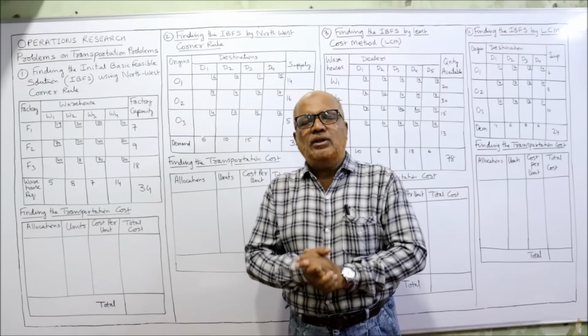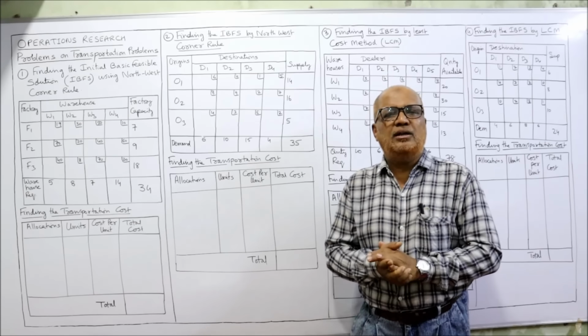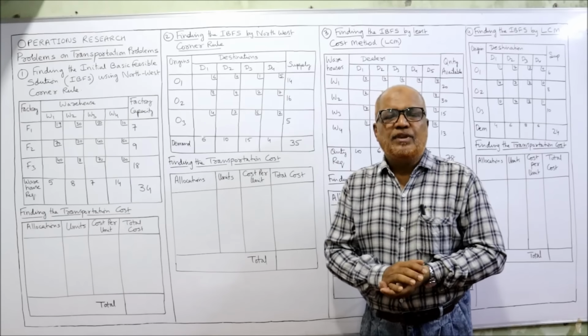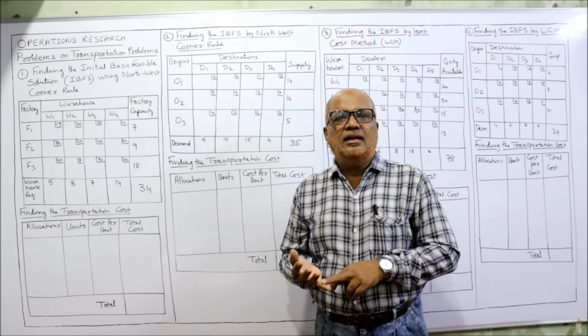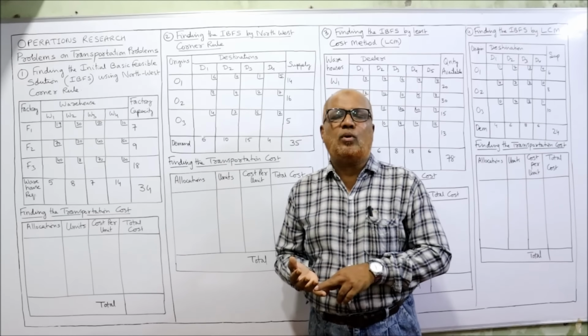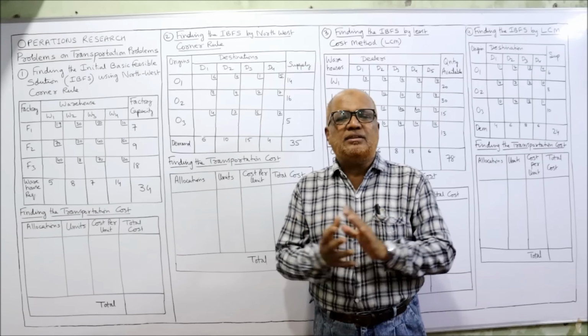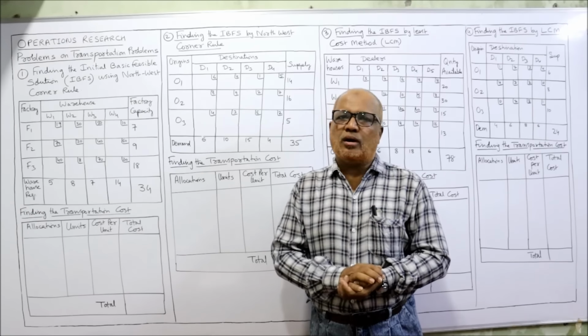For finding the initial basic feasible solution, I have already explained in detail in the previous videos. Three methods are there. First, the northwest corner rule. Second, the least cost method. And third is Vogel's approximation method, VAM. Out of these three methods, the simplest is the northwest corner rule.